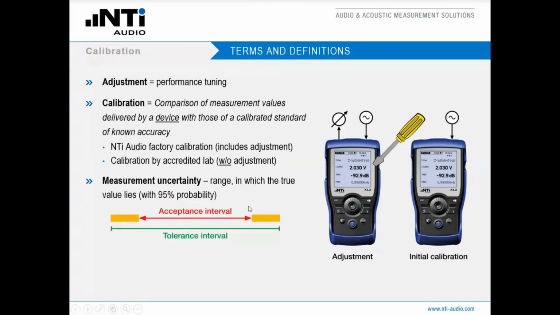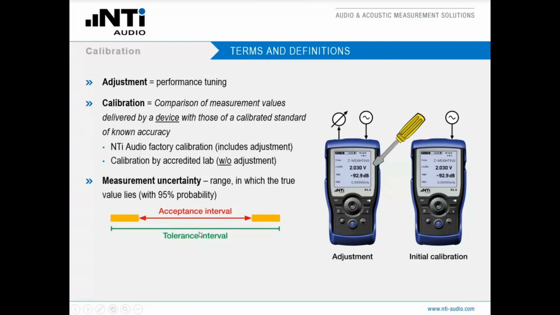There is one important term that you will find on the calibration certificate, that is the measurement uncertainty. To explain that, I have here a sketch. Let's assume this green line represents a tolerance interval within which the measured value has to lie. So if I feed in, for instance, 1 volt, and this represents a certain interval on the voltage scale, the displayed result has to be within that range.